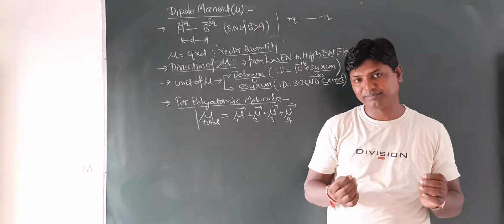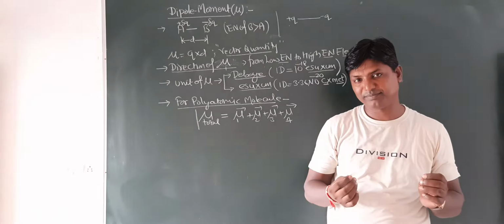So mu total, the resultant of the dipoles having theta angle between them, can be calculated like this: the square root of mu1 square plus mu2 square plus 2 mu1 mu2 cos theta. This is the formula. So if there is a theta angle between two dipoles, mu resultant can be calculated with this formula.